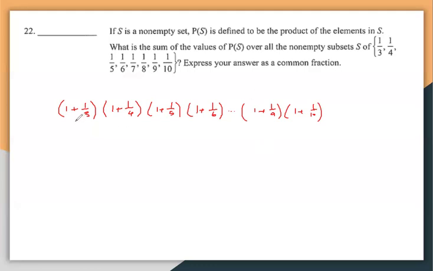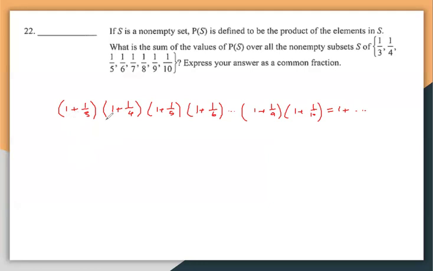And so if I multiply all these, that's what I'm going to try to find. At the same time, if I multiply all these out, it gives us a 1, which is 1 plus a bunch of other terms. But everything other than 1 is what we are trying to add up. So if I find this product and subtract 1 from it, I will get my answer.